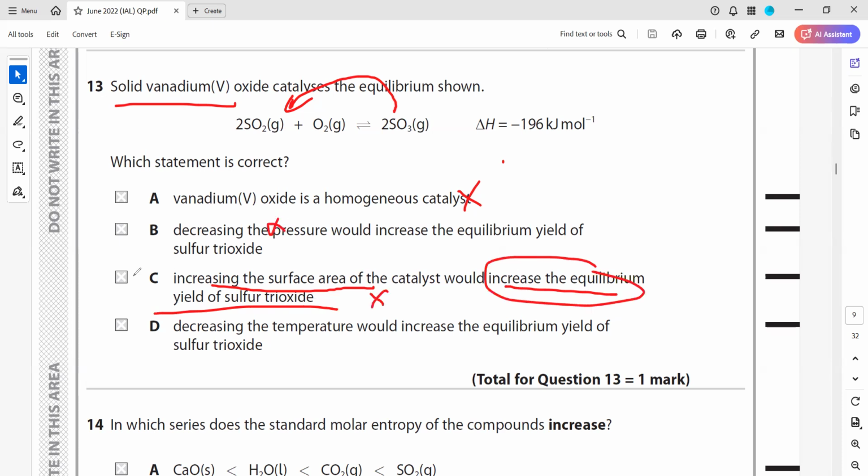Decreasing the temperature increases the equilibrium yield of sulfur trioxide, because the forward reaction is exothermic. If I decrease the temperature, it will shift the equilibrium towards the side of fewer moles. Okay.